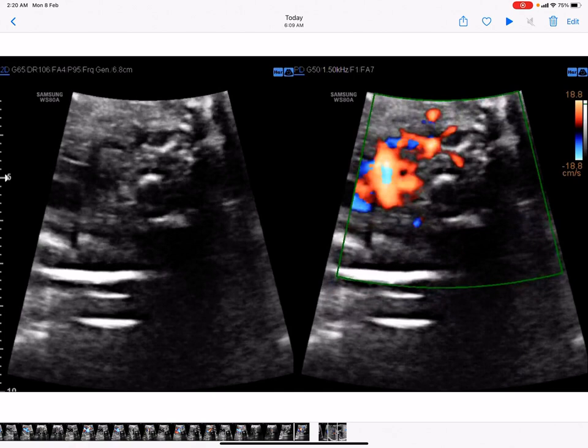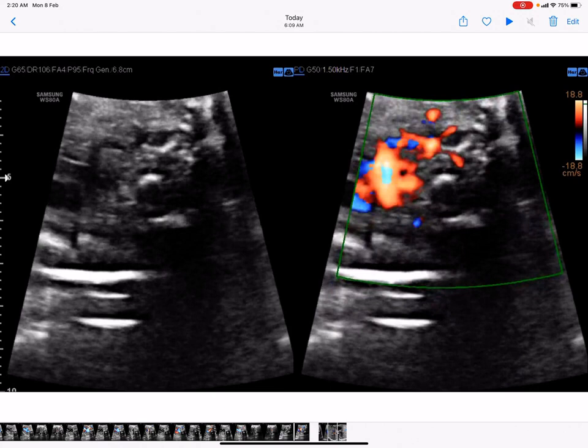Don't get confused, don't mistake it for an azygous arch. Okay, and also don't get confused with a brachiocephalic vein. Okay, these two things are the fallacies.